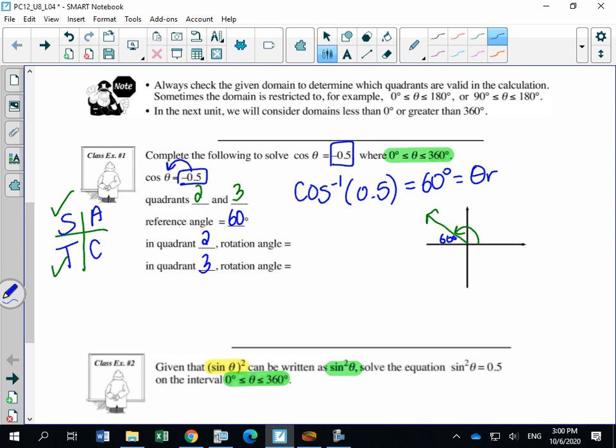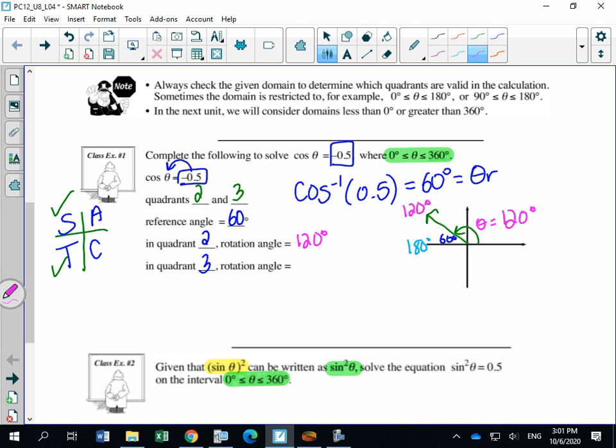I know that this is 180 degrees as a straight line, so to get that rotational angle, I would take 180 degrees minus 60, and I would get a rotational angle of 120 degrees. So theta here is equal to 120 degrees. That is one of my answers.